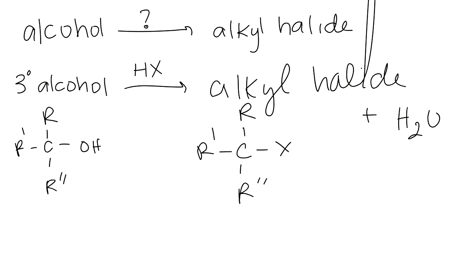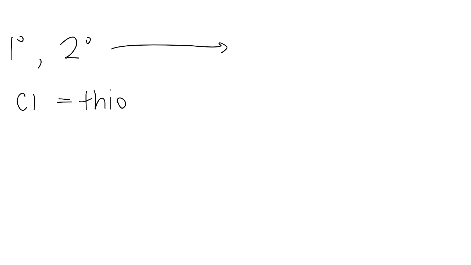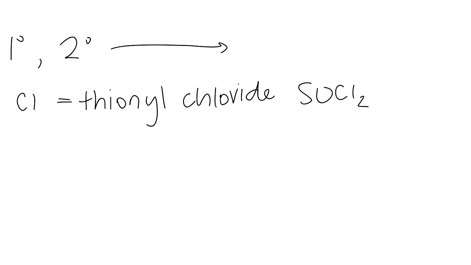For primary or secondary alcohols, we use something different. So for a primary alcohol or a secondary alcohol, we can use 2 different options depending on what we want. If we want to add chlorine, we're going to add this thionyl chloride, which is SOCl2.